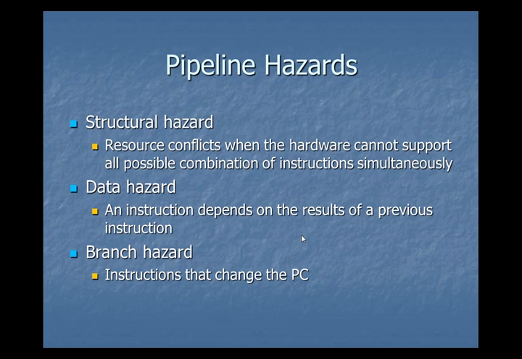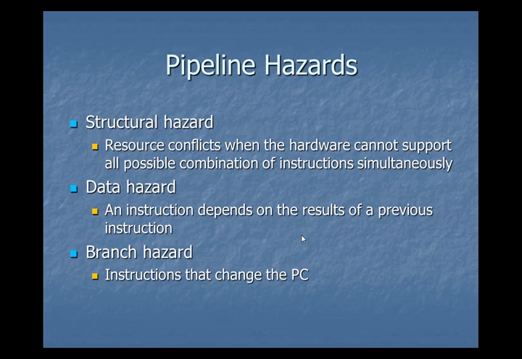So the first one is the structure hazard. This says resources conflict when the hardware cannot support all possible combinations of instructions simultaneously. Structure hazard means there is a disturbance in the structure, that is, a hardware element that does not support the combination of instructions.